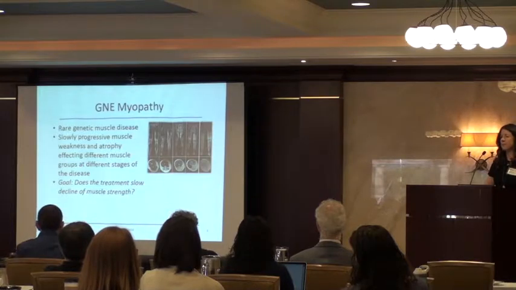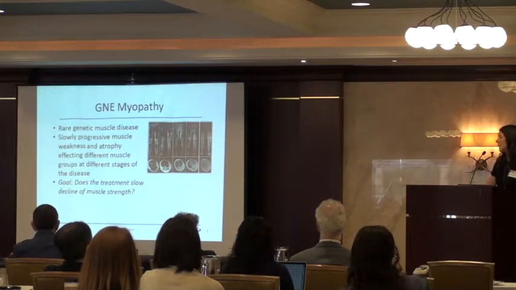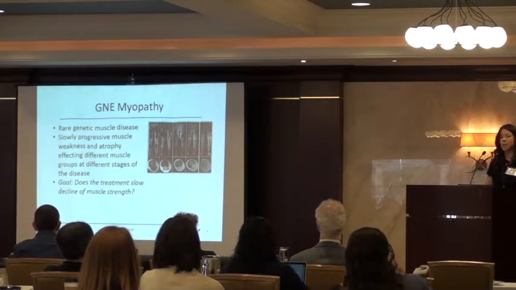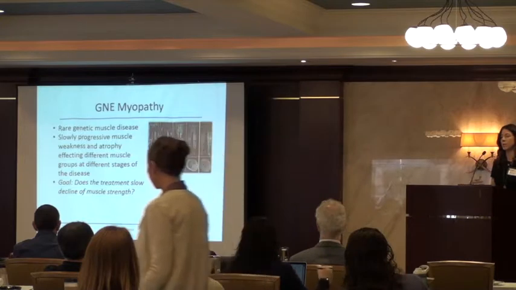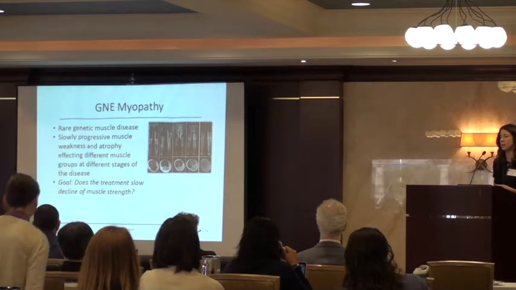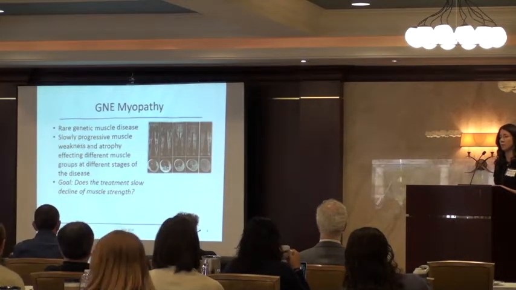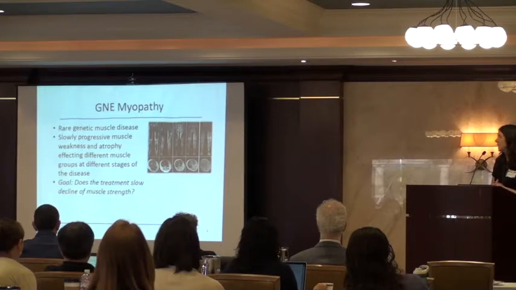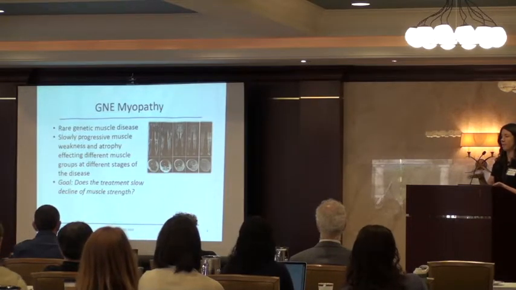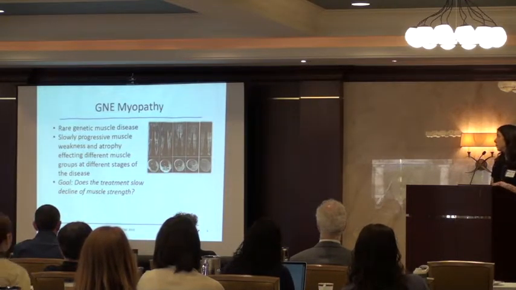It's believed to occur from a lack of production of sialic acid, and it's often caught when the individual begins to trip, because their dorsiflexor muscle will start to turn into fat and decline, and they can no longer lift their foot up enough to walk appropriately.